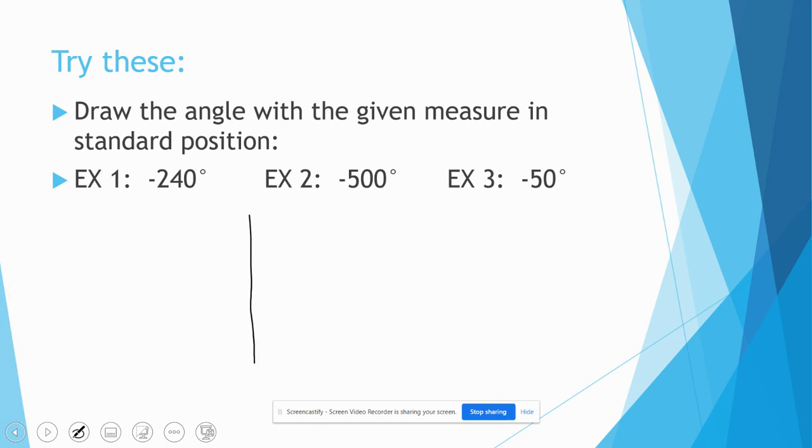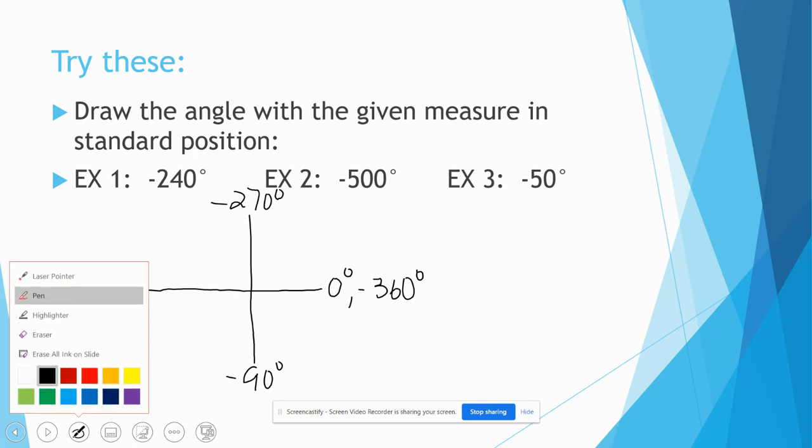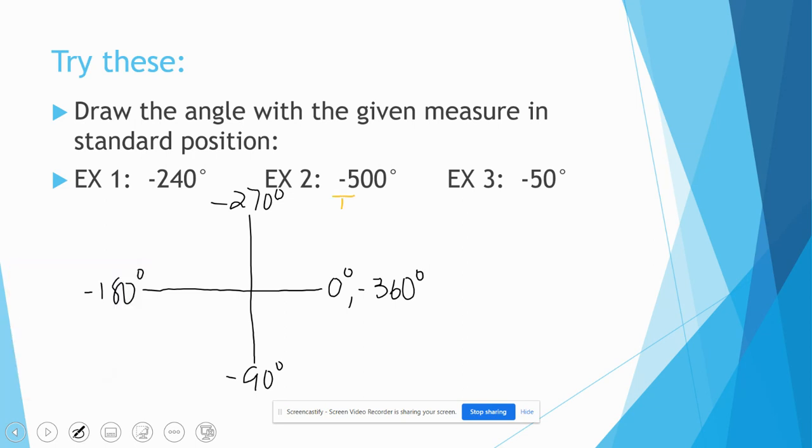I'm going to go ahead and make my axis negative 90 degrees, negative 180 degrees, negative 270 degrees, and negative 360 degrees. My quadrants, quadrant 1, 2, 3, and 4.